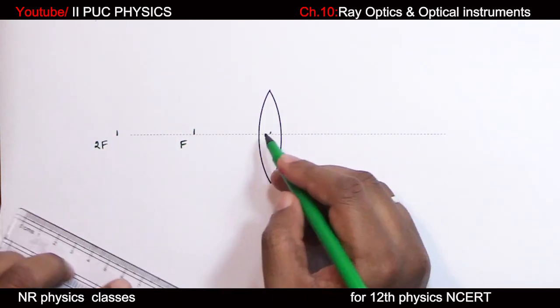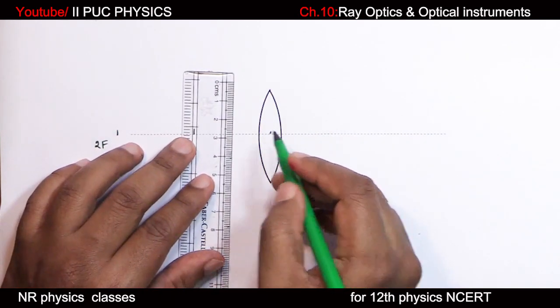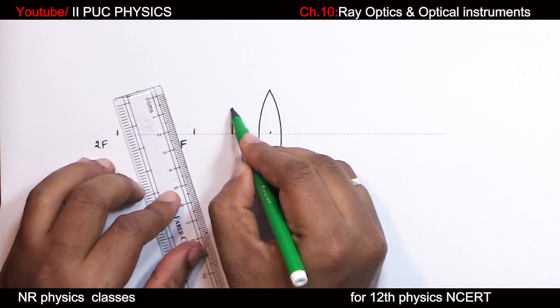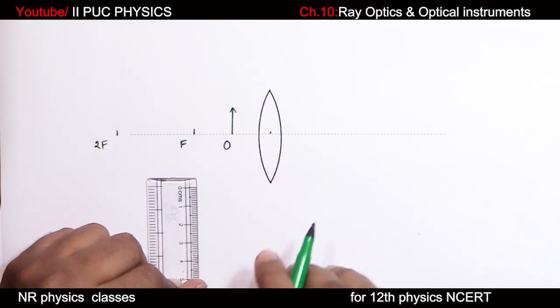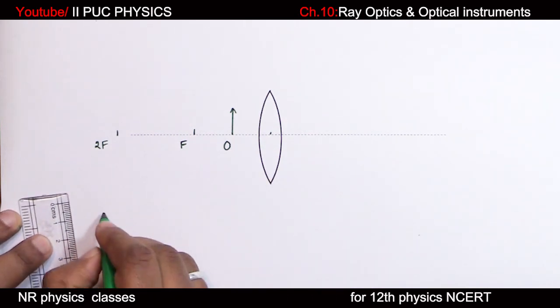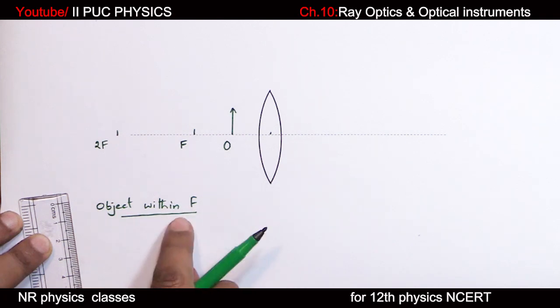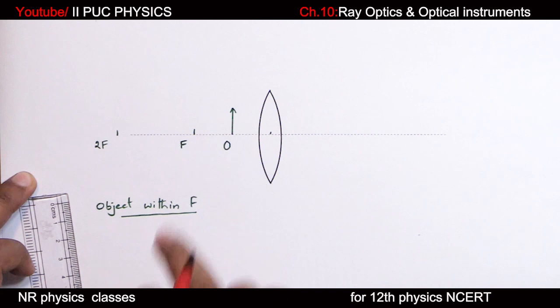Let me keep an object within F. So this is a linear object within F. O is for object. So in this case, object within F. Let us see how to get image of this object.